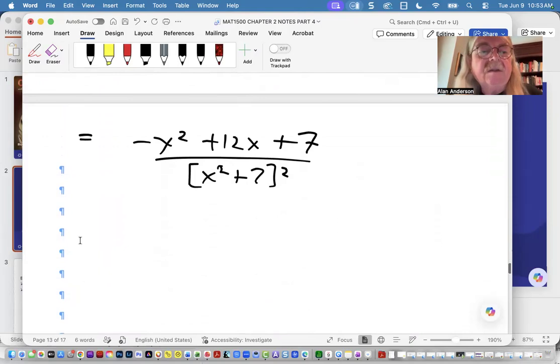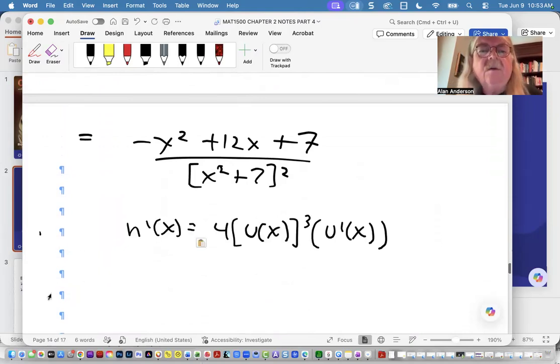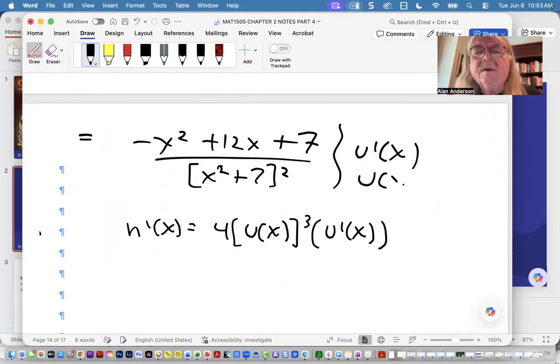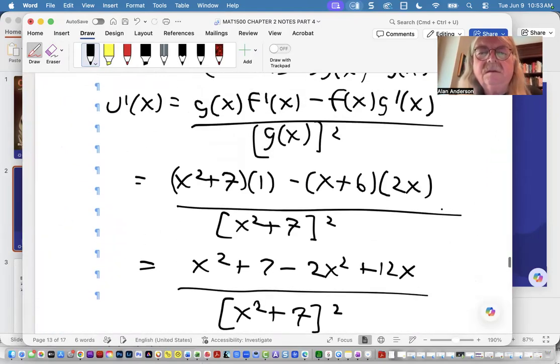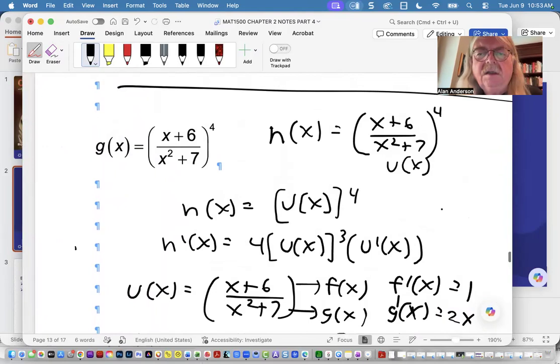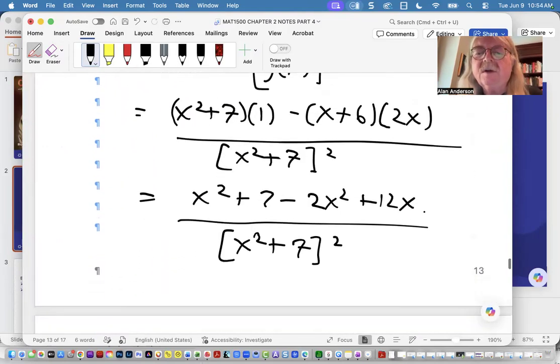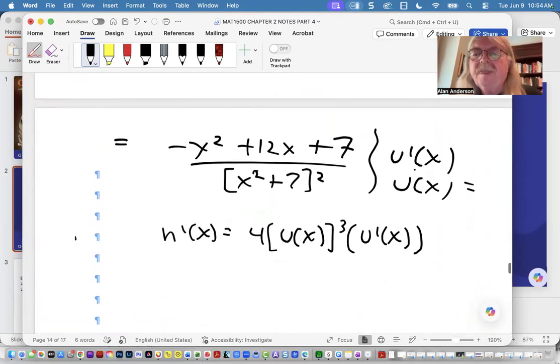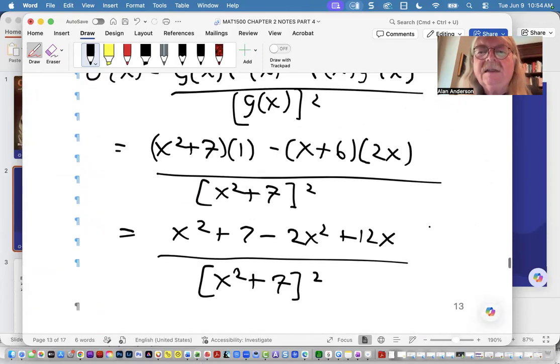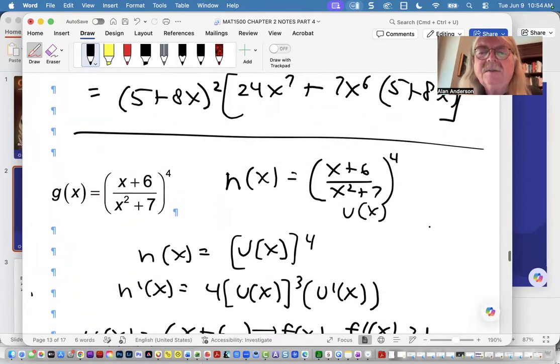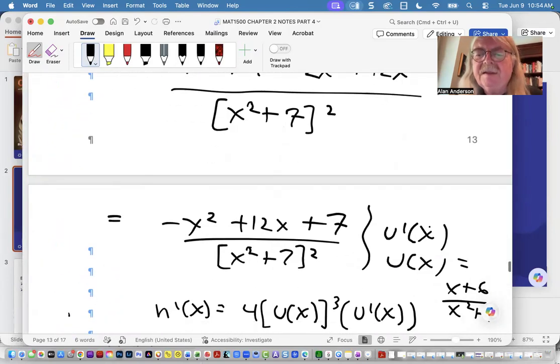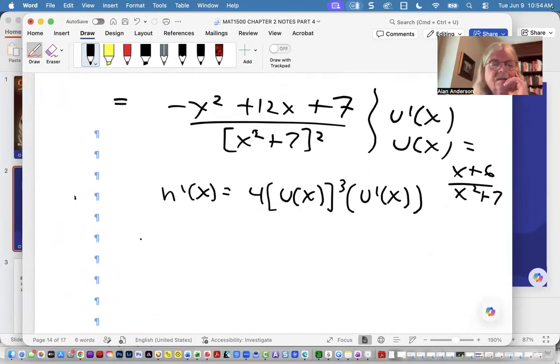So now we got some real substitutions to do. So all of this is what we mean by u prime of x. U of x, if you remember, was that ratio x plus 6 over x squared plus 7. Okay, so yeah, we got a mess on our hands here. x plus 6, x squared plus 7, yeah.